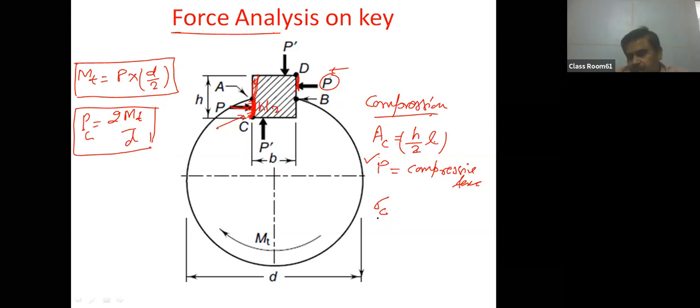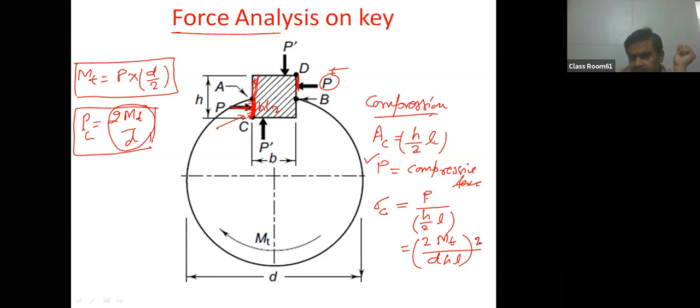So I will find the compressive stress. Compressive stress is given by force by area. Force is P, area is H by 2 into L. So sigma C equals P divided by (H by 2 into L). And this force can be written as twice Mt by D. So I can write it here: twice Mt by D H L, and whole multiplied by 2.